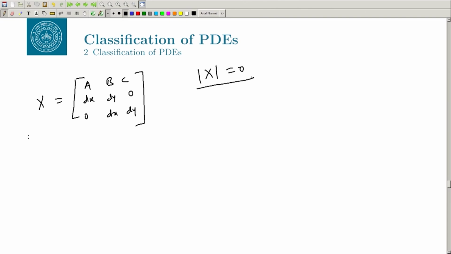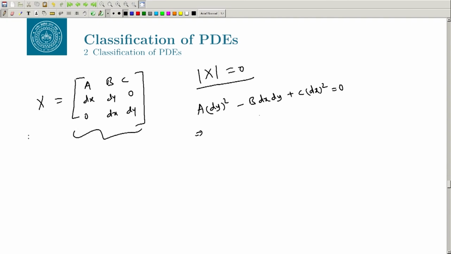So, how do you define the determinant? A dy square minus b dx dy plus c dx square is equal to 0, right. That is the determinant of this matrix.